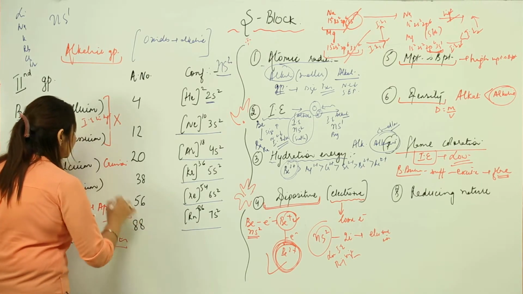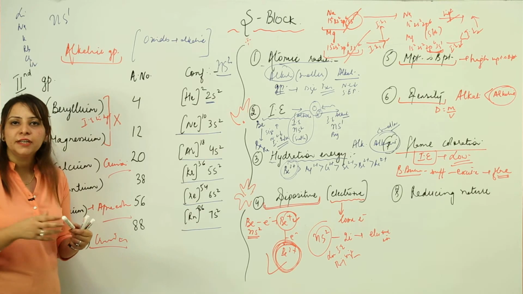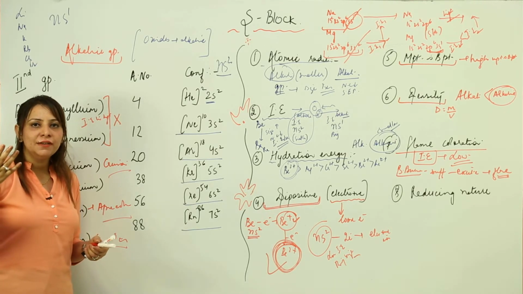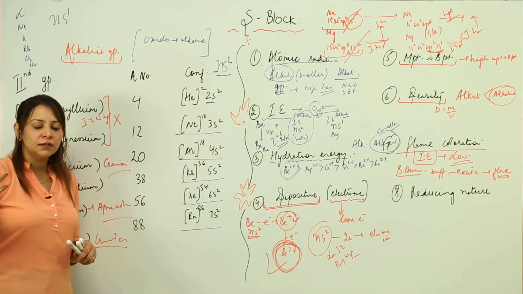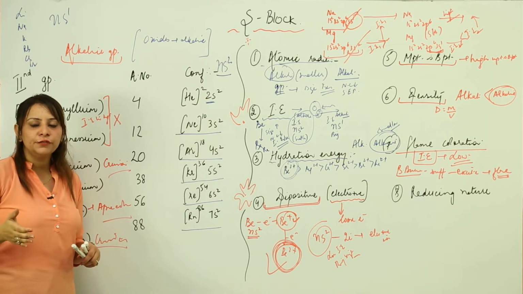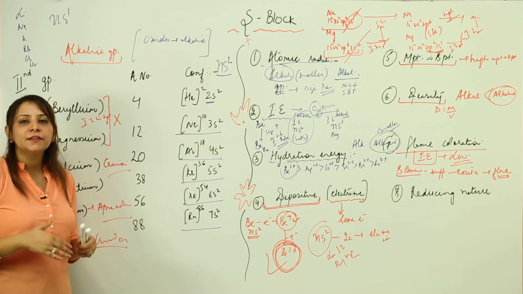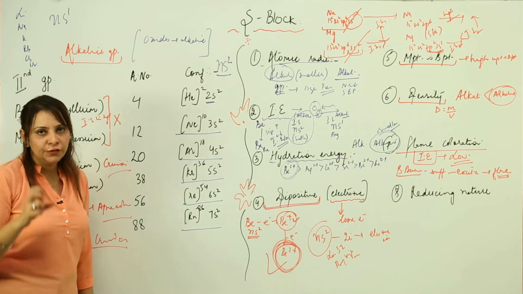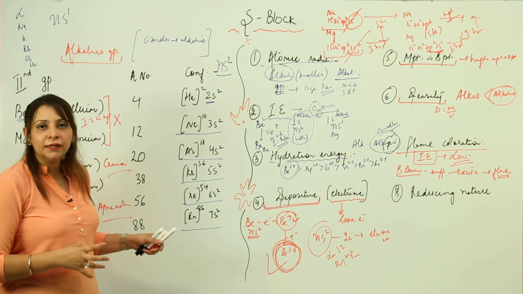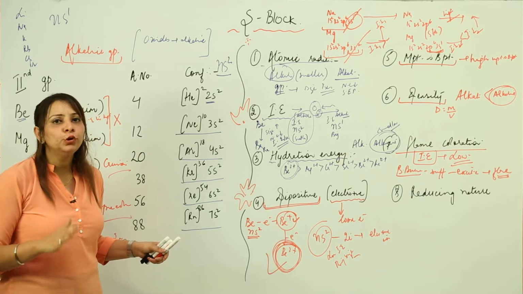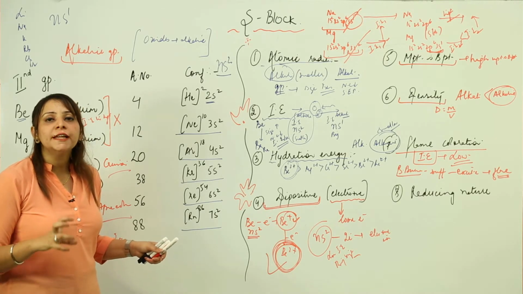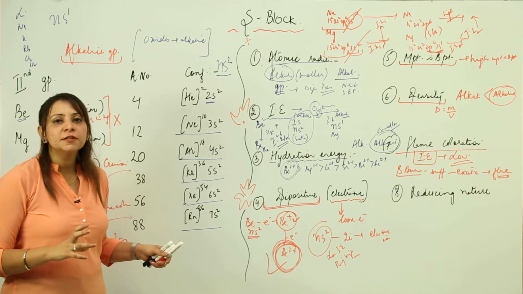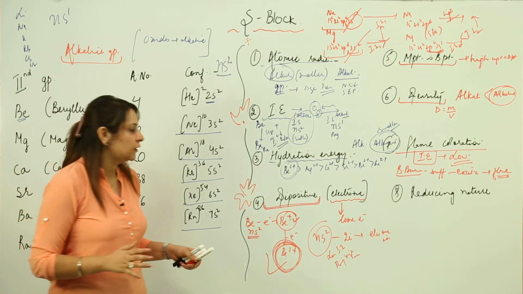So these kinds of colors they show when we supply them with Bunsen burner energy, they get excited to a higher energy level, and it remains there for a certain period of time, and then when it comes back, it radiates the energy absorbed by it, and that energy falls in a colored region. So that is why it is imparting a flame color, but beryllium and magnesium do not, because they are too small, their ionization energy is too high, or you can say the energy of the Bunsen burner is not sufficient to cause an excitation.